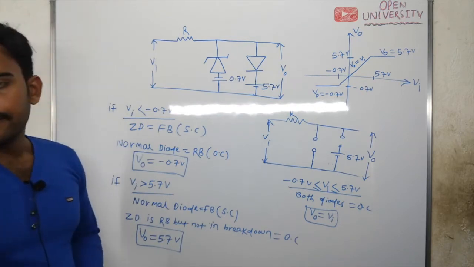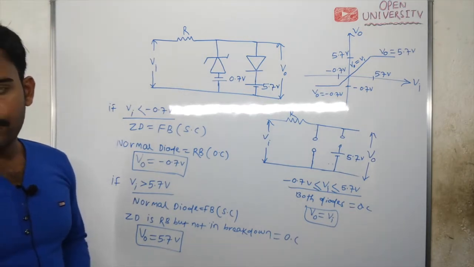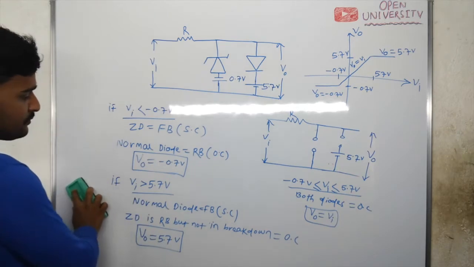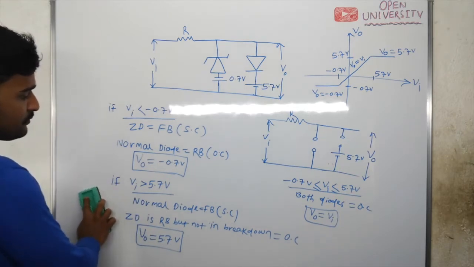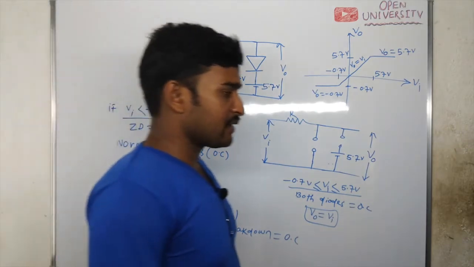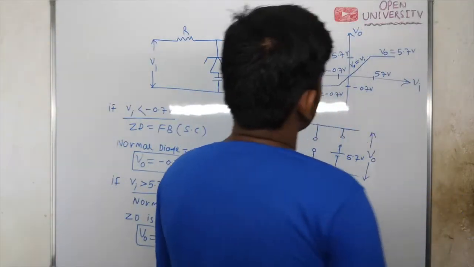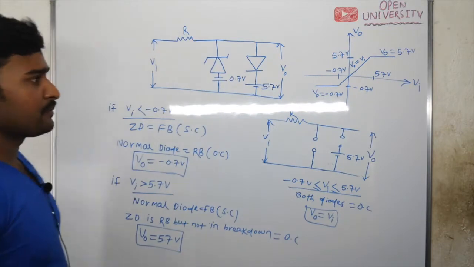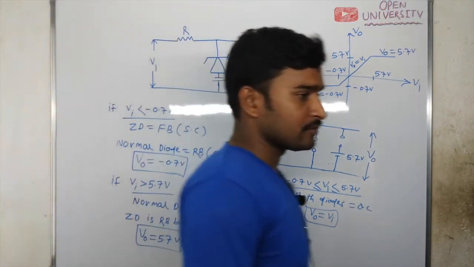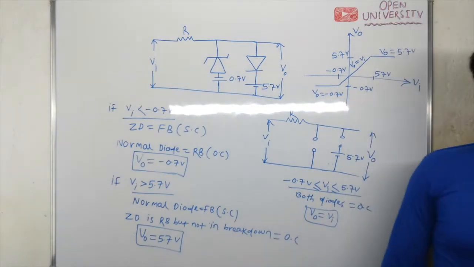Now, write down the next question. Repeat the above problem, if the Zener diode has breakdown voltage 4 volt.